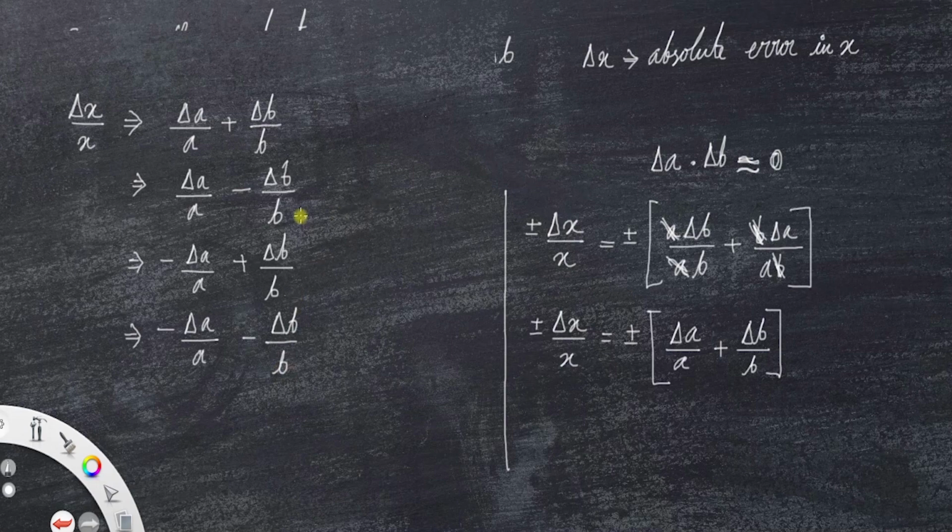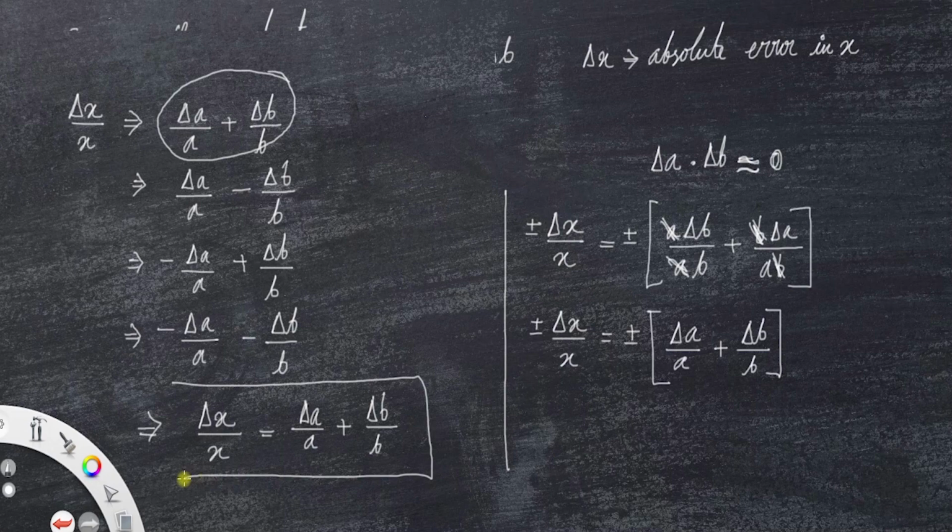Of these four conditions, this one is the greatest possible error. So we can conclude that delta X by X is equal to delta A by A plus delta B divided by B. Clear? So that is the maximum possible error in the product.